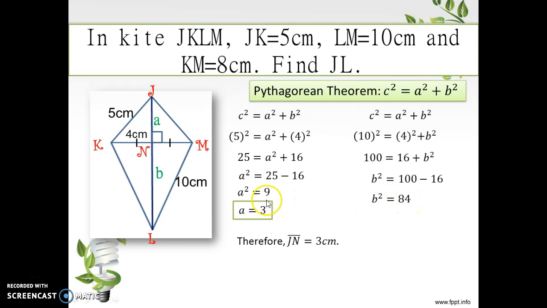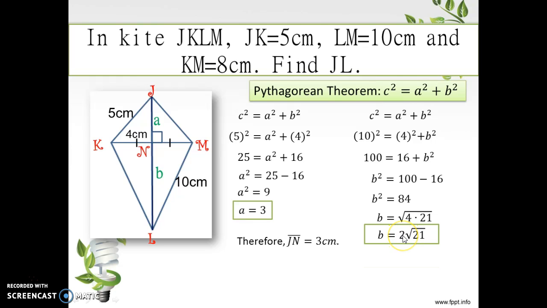Now, unlike this, 9 is a perfect square number, but 84 is not. So we have to apply the rule on radicals. So extracting the square root, we could have this. 84 can be written as 4 times 21 because 4 is a perfect square number and its square root is 2.